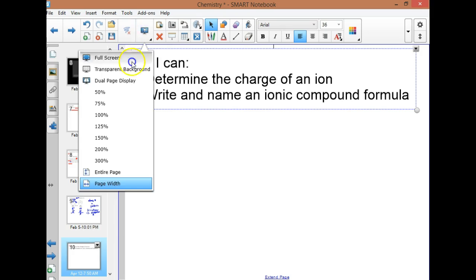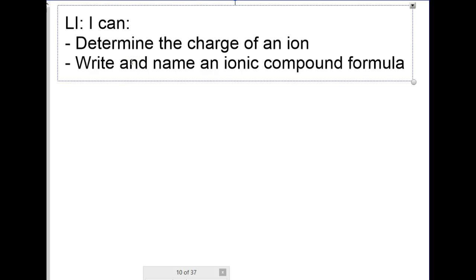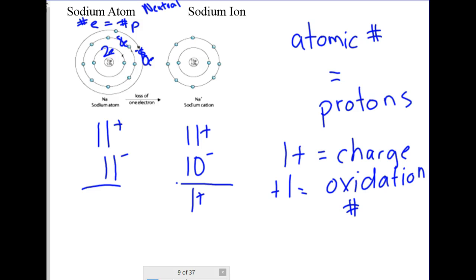So today, our goal is this. We are going to practice writing ions, and then combine ions to form simple binary ionic compounds. You will take your notes that you received last grade, and you can continue filling that in. We left off on the page where there is a sodium atom drawn.